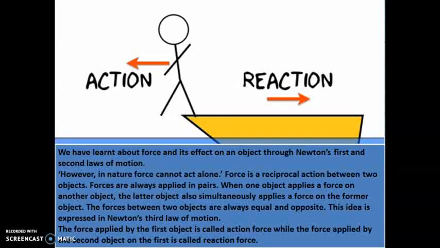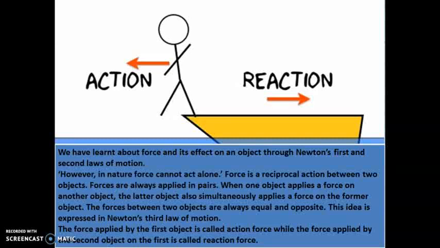And the forces between the two objects are always equal and opposite. So it is equal in magnitude, that is the numerical value, and opposite in direction. This idea is expressed in Newton's third law of motion. So Newton gave us the idea about action and reaction force.